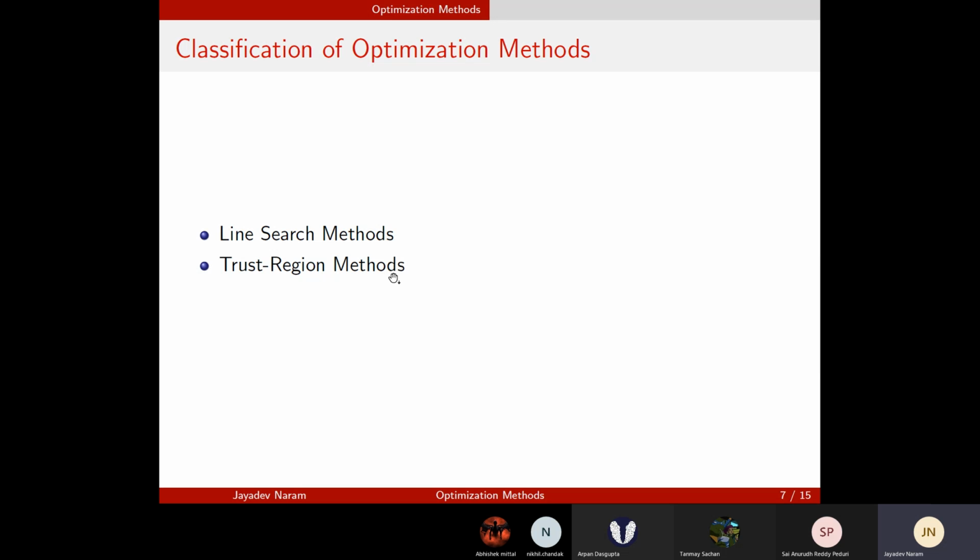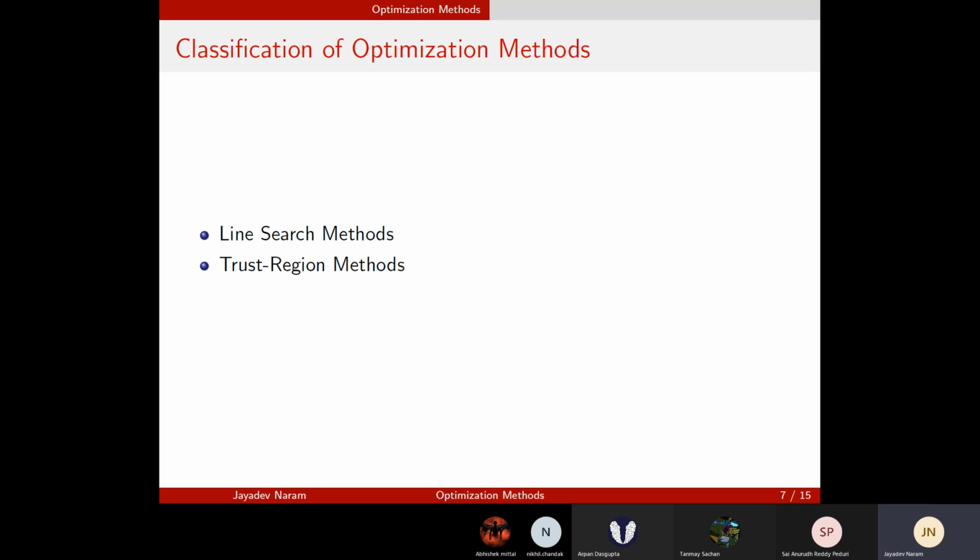In gradient descent, we fix a search direction that is the negative of the gradient at a point, and then we decide how far to move in that direction. In a trust-region method, we don't just fix that; we model the function in a neighborhood of the current iterate.